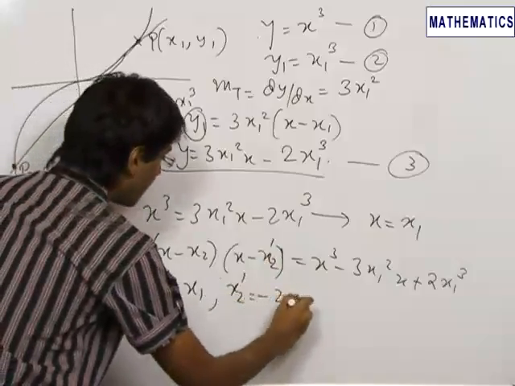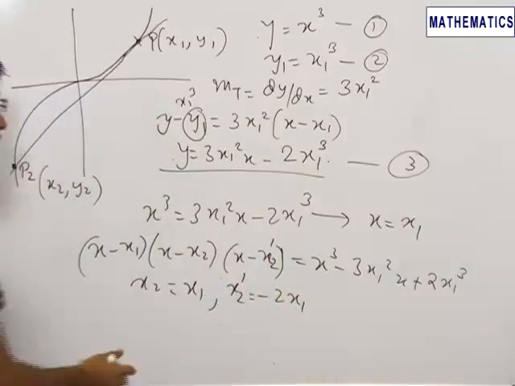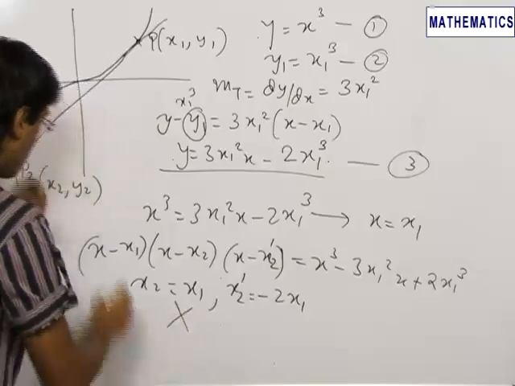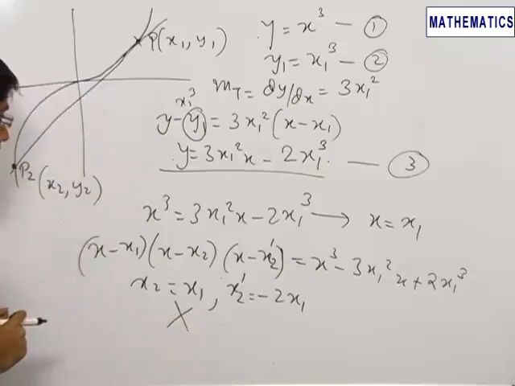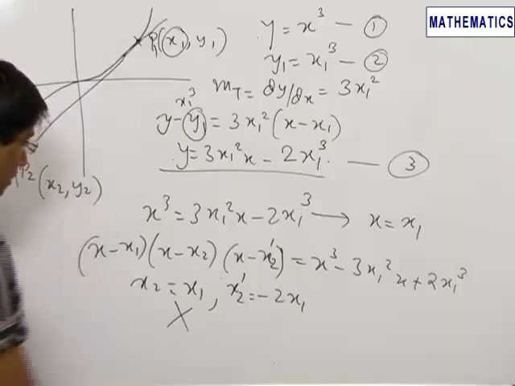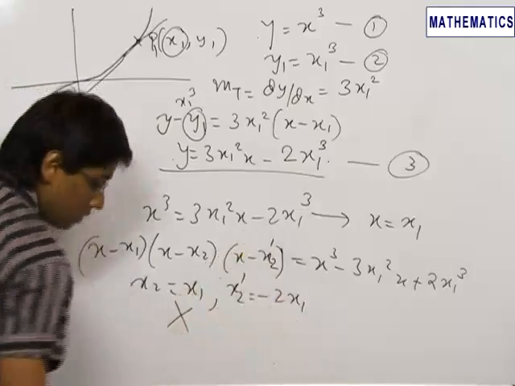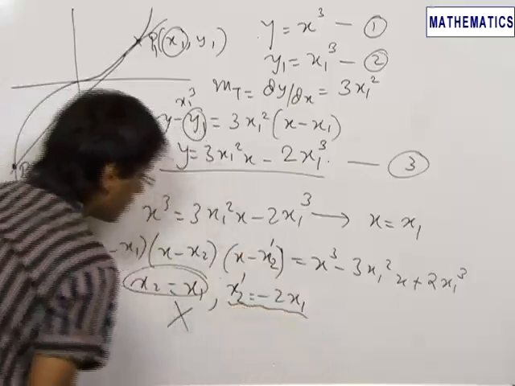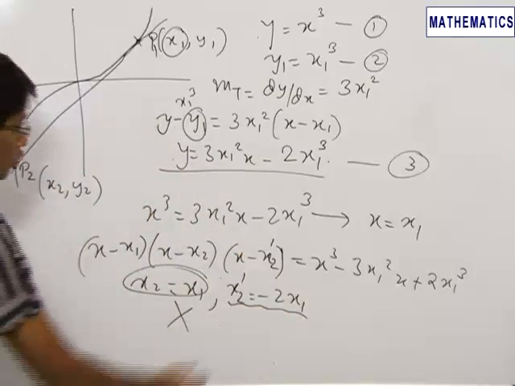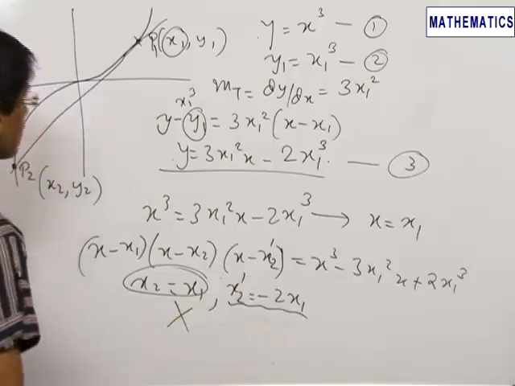So the value of x2 comes out to be equal to x1 and x2 dash comes out to be equal to minus 2x1. Definitely x2 cannot be equal to x1 as the x coordinate of the point P2, because it is already the x coordinate of the point P1. Hence we reject this x2 equals x1 and take the x coordinate of the point P2 to be equal to minus 2x1.